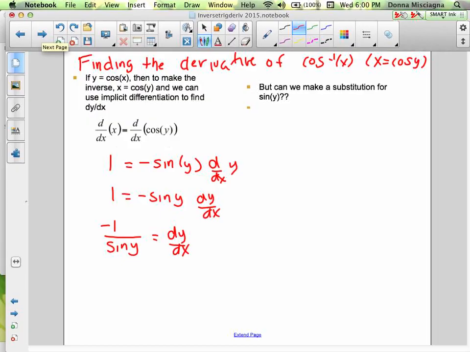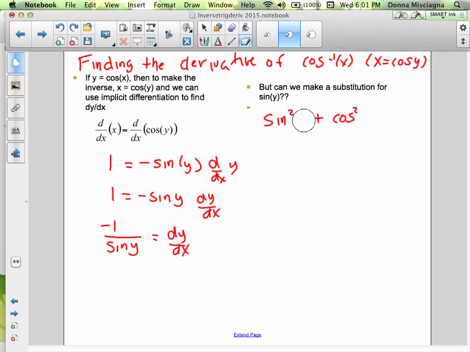Well, like I said, I only know one equation that I can use to help me in every situation: sine squared y plus cosine squared y equals 1. And now we want to solve for sine.